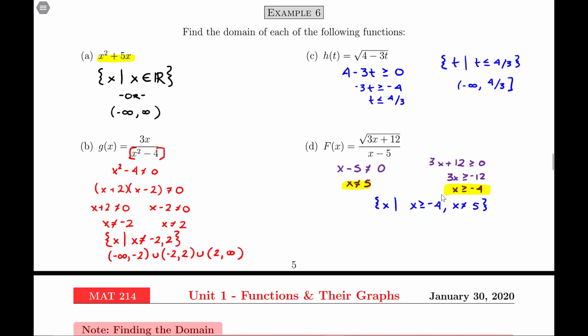And then in interval notation, that would be negative 4 to 5, and then 5 to infinity. All right, we're not going to include the value for 5, but we'll include everything larger than negative 4 or equal to negative 4.